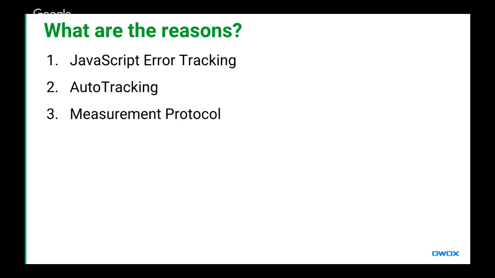When you go to your GA, you cannot see any hits, and you cannot understand why you got this bill. The reason might be the measurement protocol and the hits that are sent from third-party systems.